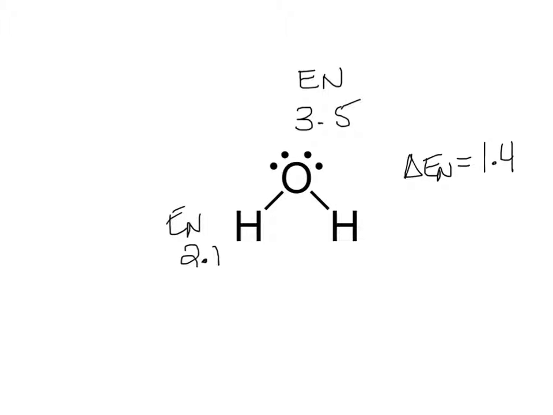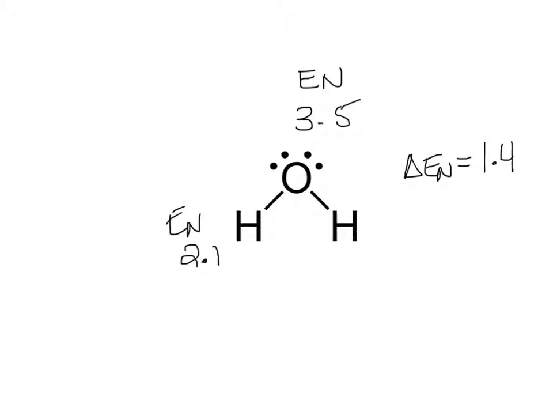Our last example is water. Look at the Lewis structure for water. It has 2 bonds in there. Both of them are oxygen-hydrogen bonds, and both of them are going to be polar bonds. And we know that because when I did the electronegativity difference between the two, I got 1.4.